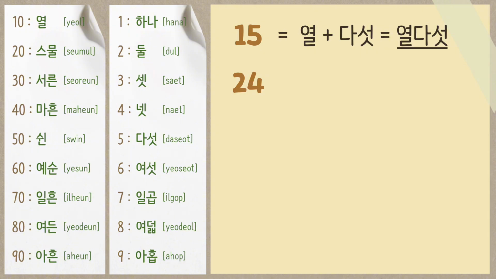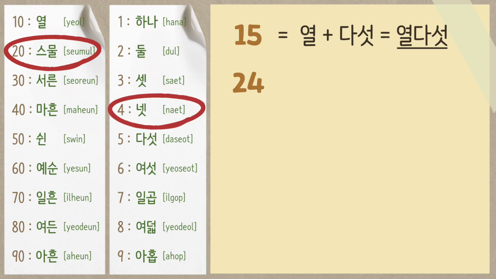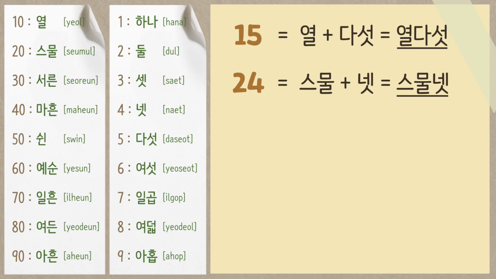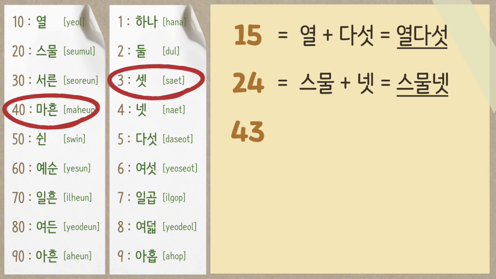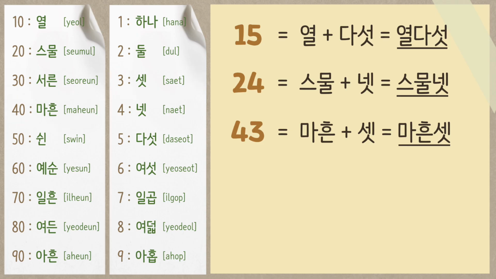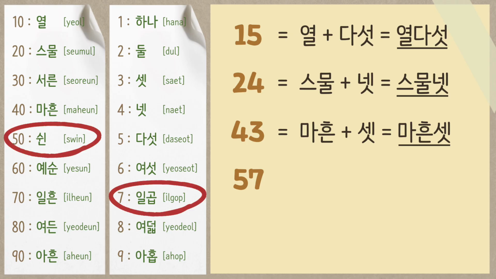The next one is 24. 24 is a combination of 20 and 4, which makes it 24. 43. 43 is a combination of 40 and 3, which makes it 43. 57 is a combination of 50 and 7, which makes it 57.